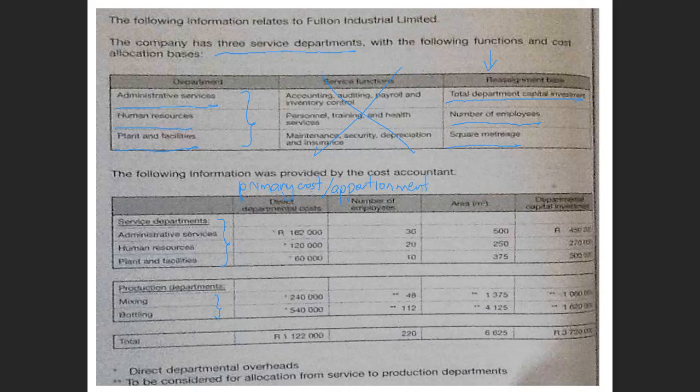Okay, so please make sure you are taking down these bits of information. Sorry, let me just change the color of this so you're able to see it. So this is also known as the primary cost or the primary apportionment, and this is what is being given to you in the second column.